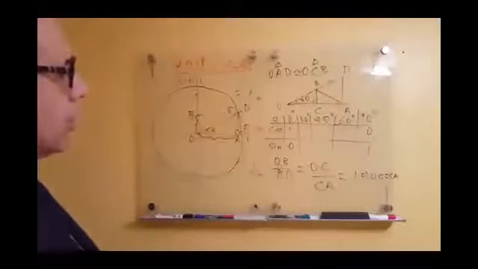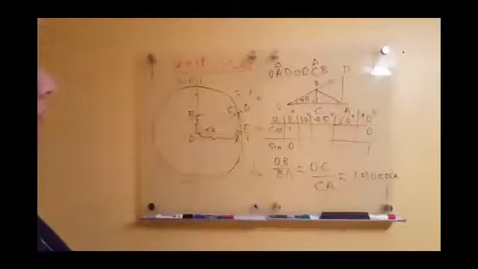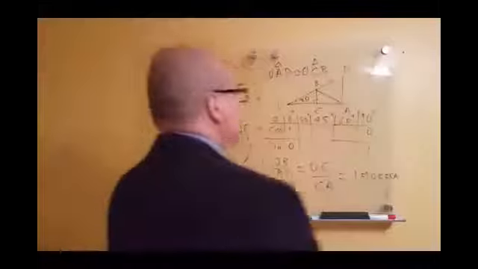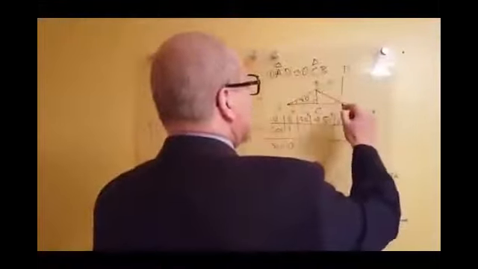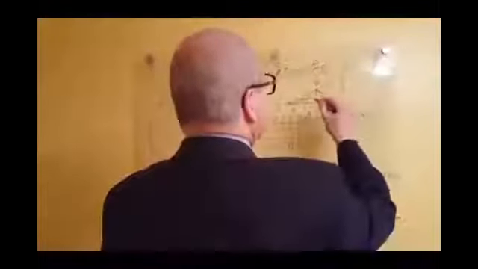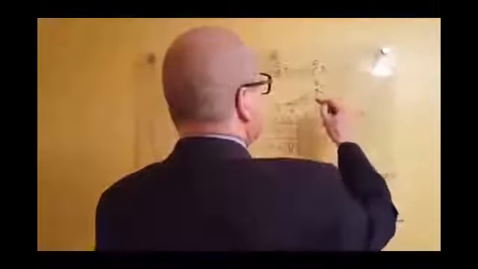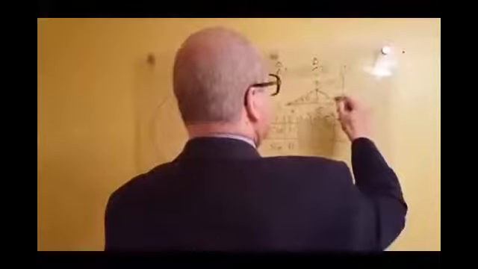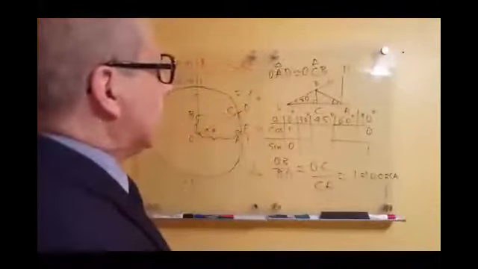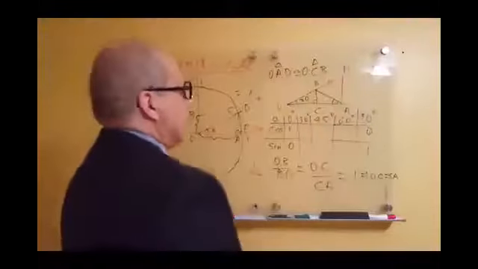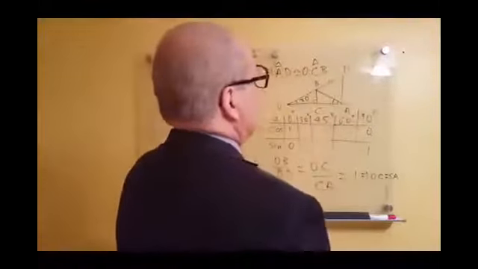So, okay, now from that we get that since this triangle here, the OBA, is isosceles, if this is 30, this is 30 too.